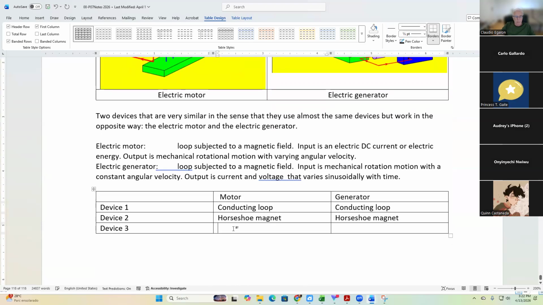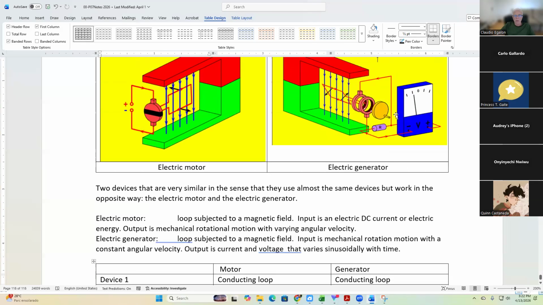Device three is going to be battery. What replaced the battery in the generator is the voltmeter, ammeter. Here you've got the ammeter, right?